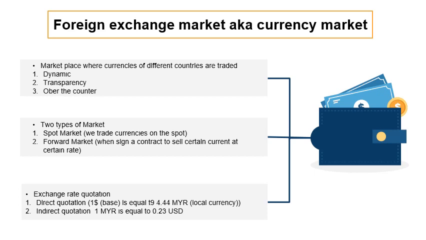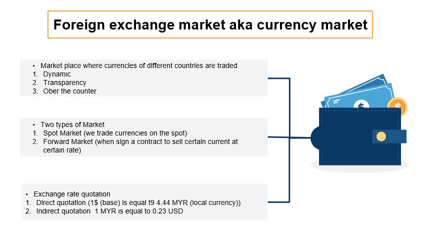And there are two types of market. The spot market is the one where we trade currency on the spot. For example, I have 5,000 ringgit with me, and I go to the market and trade it for dollars on the spot, and that's called the spot market.